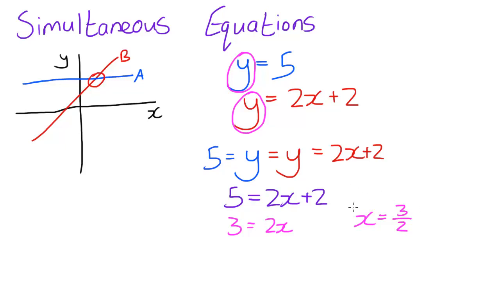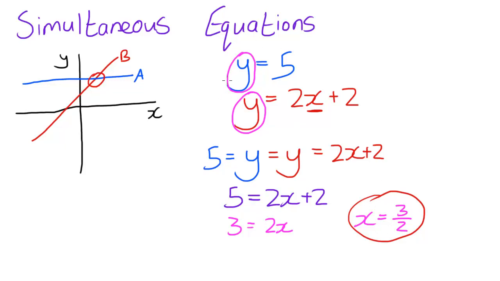So now what do we have as our y value? Well, we know what x is, so we can put 3 over 2 in there and get a y value out of that. And yes, you can do that, and that's all very well. But if we look at the first equation, y is always 5 regardless of what's going on with x.